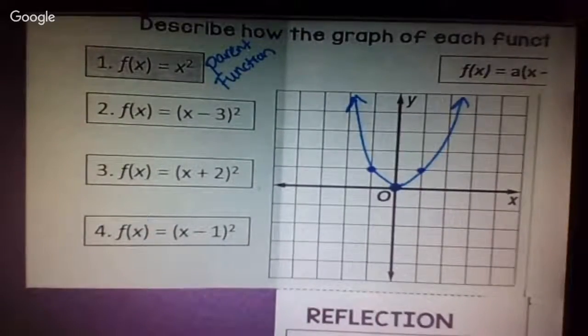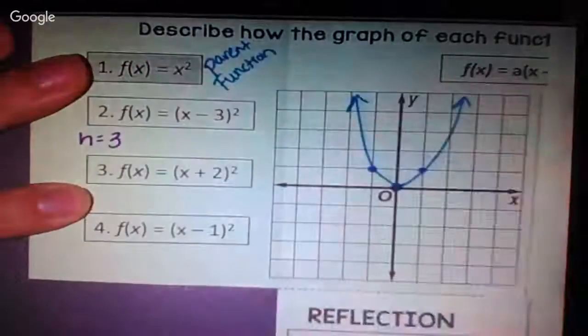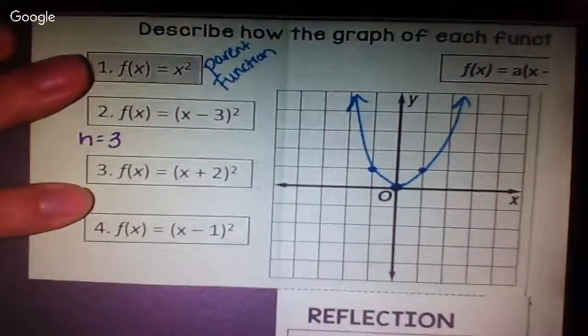Okay. So if I change your parent function to be the quantity of x minus 3 squared, what's my h value if I have x minus 3? It's positive. So my h value is actually a positive 3. So if my h value is positive, which way is my graph moving?